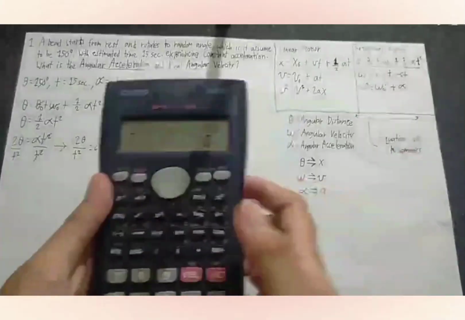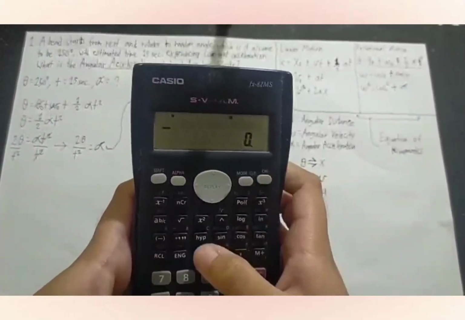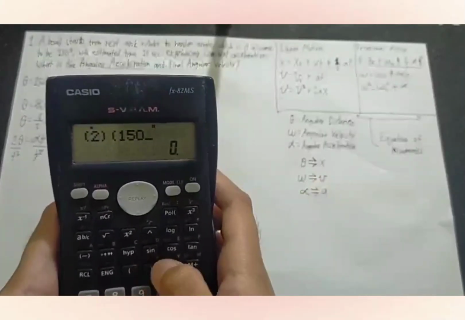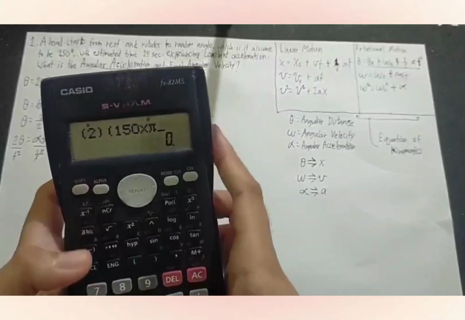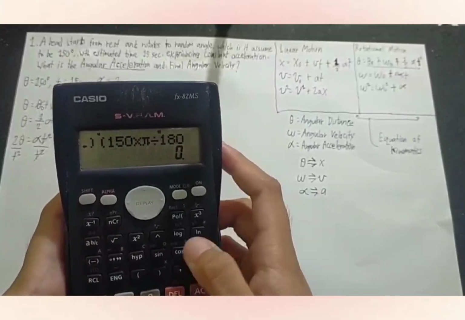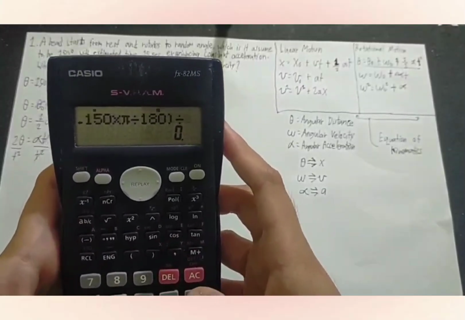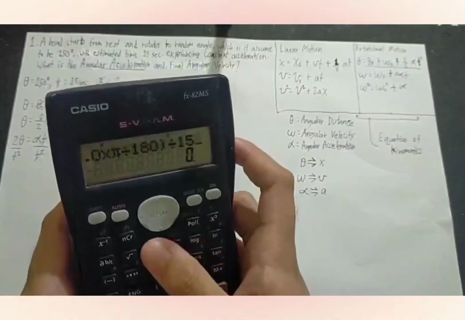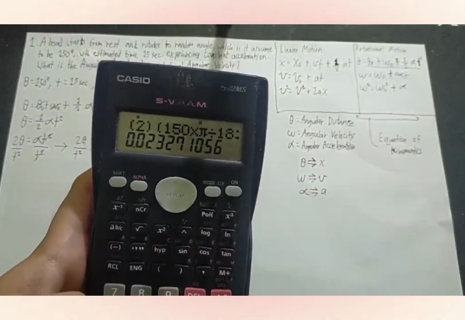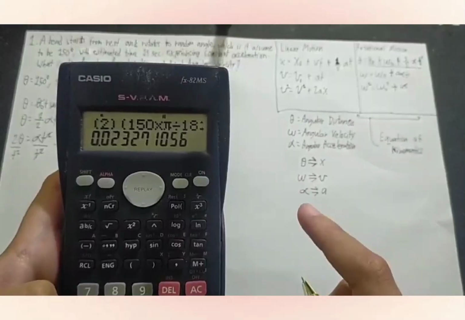So let's solve: 2 times 150 degrees times pi divided by 180 degrees, all over 15 seconds squared. The answer is 0.023.